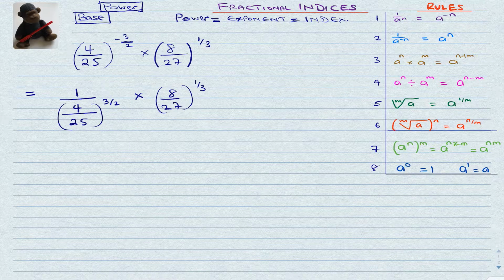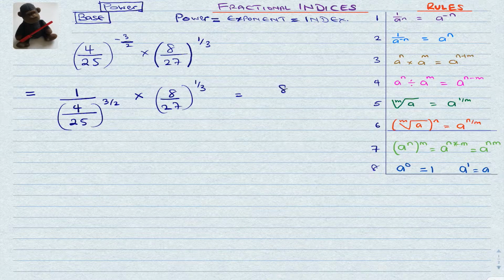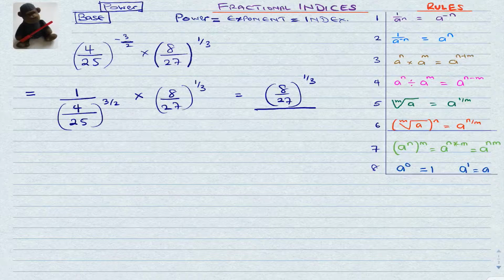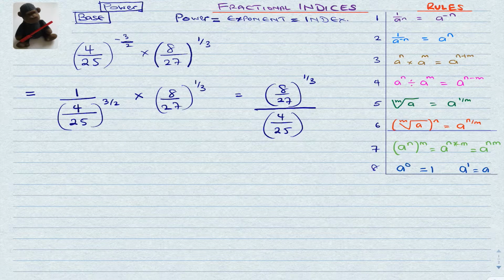Okay, so you're not doing much, but what you're doing next is just write it properly now. That will be 8 over 27 to the power 1/3 divided by 4 over 25 to the power 3 over 2.